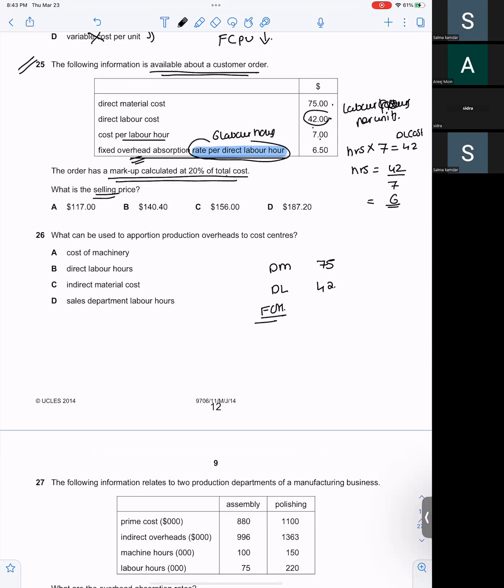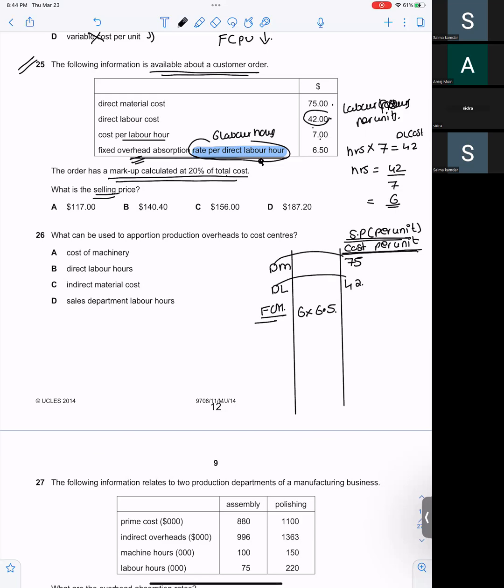And fixed overhead absorption rate is per direct labor hour. So 6 into 6.5. Now think and tell if you understood this. If not, I will explain again why I did that. I need to find out the selling price per unit, so I need the cost per unit. I have the direct material cost, I have the direct labor cost per unit.